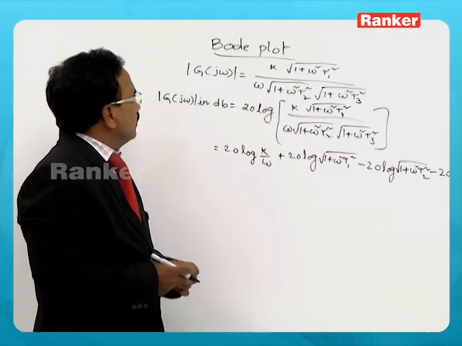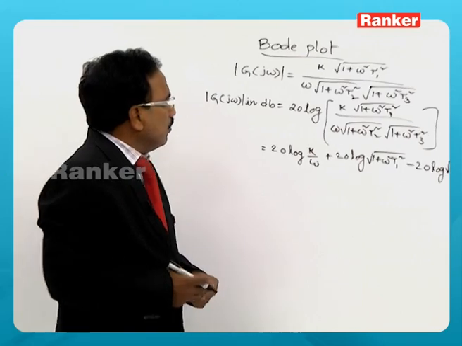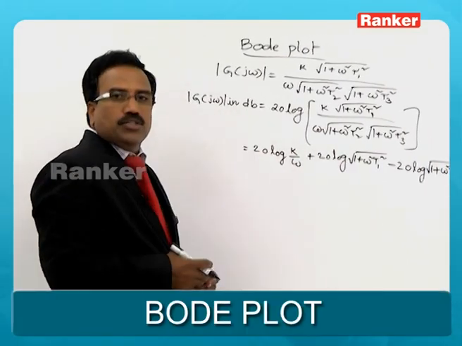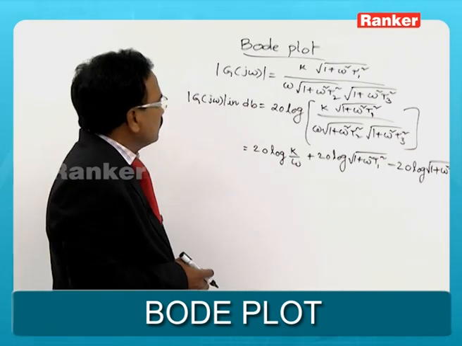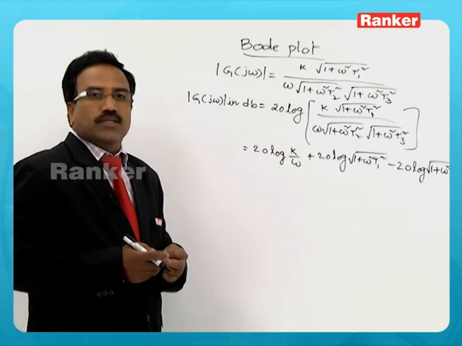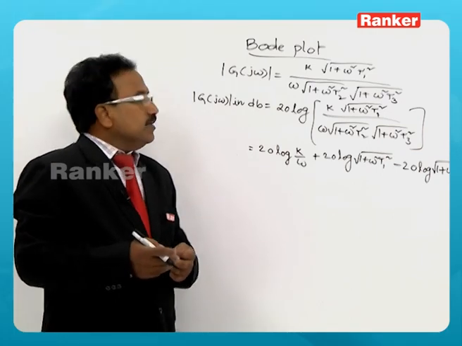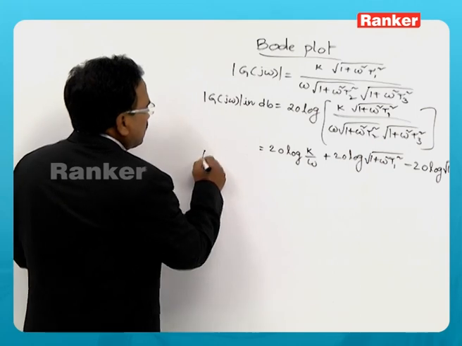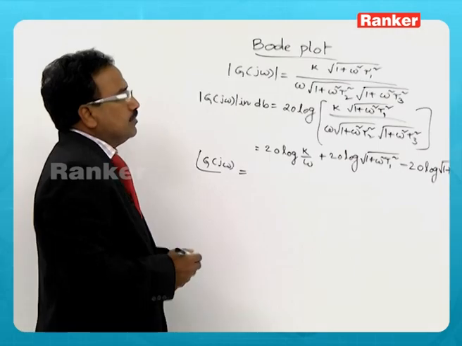So, magnitude is a little complex, because there are terms involved, k by omega, then pole at non-zero location, 0 at non-zero location, etc. So, we need to understand how to draw the magnitude plot, because magnitude is taken in decibels and frequency is taken on log scale.